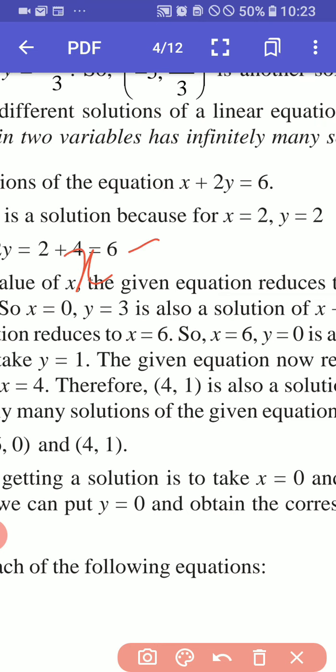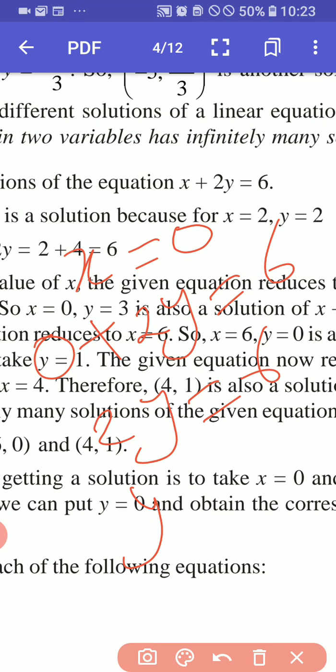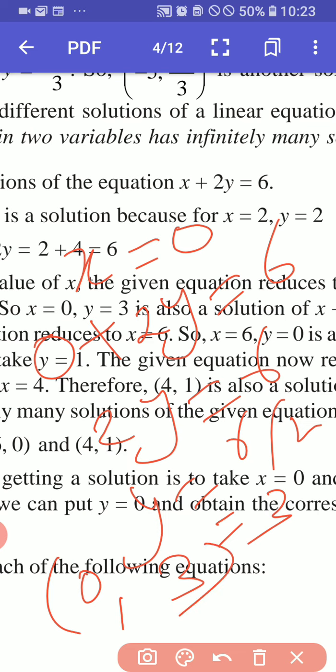Putting x equal to 0, I will get the corresponding value of y. 0 plus 2y equal to 6, so 2y equal to 6, y equal to 6 by 2 equal to 3. Hence 0 comma 3 is one of the solutions of the given linear equation x plus 2y equal to 6.